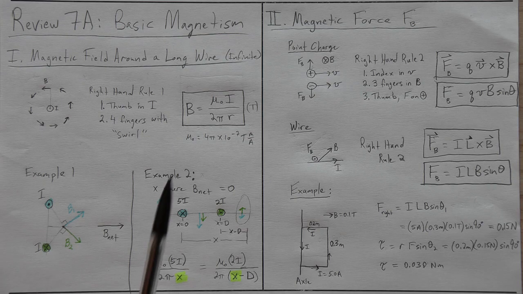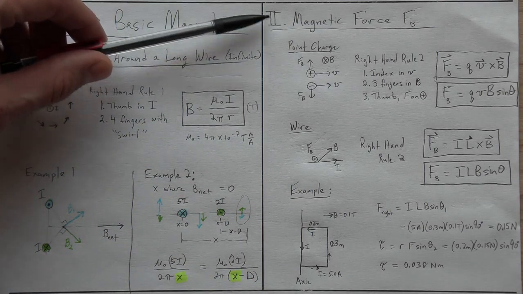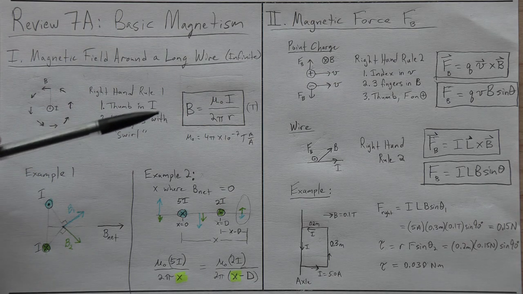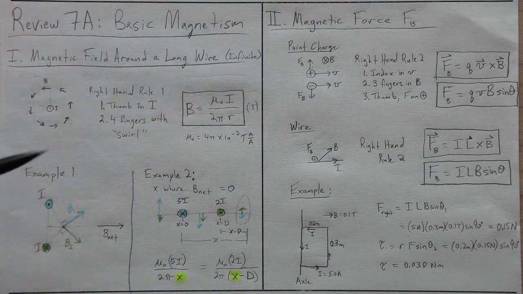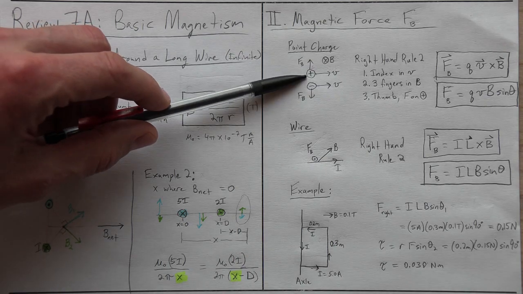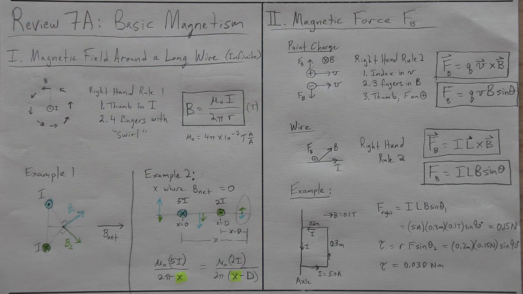All right, but let's go on to what's in the curriculum. Magnetic force, okay? So remember that magnetic force is caused by a charge moving through a magnetic field. Unlike electrostatic force, F equals QE, you only need charge and you only need electric field and you'll have force regardless of the motion.